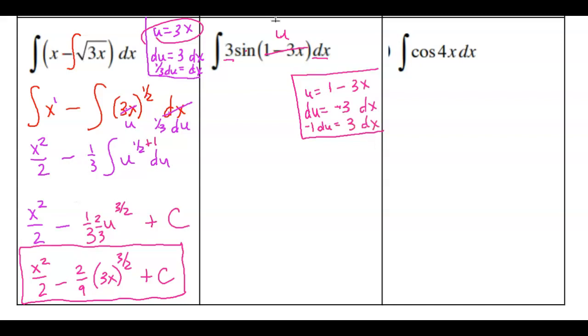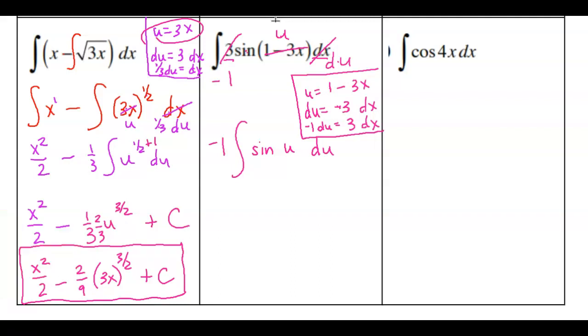See? So when I see 3 dx, I can just write negative 1 du. So if I write this, I get negative 1 sine of u du. Okay, so I don't have to divide by the 3. If I have a 3 here already, you should just leave it.